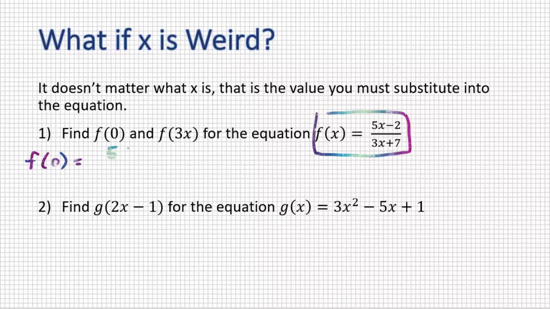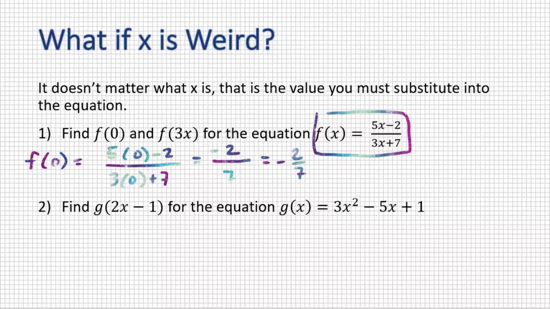So we find we have 5 times 0 minus 2 divided by 3 times 0 plus 7. 5 times 0 is 0, 0 minus 2 is negative 2, and in the denominator 3 times 0 is 0 plus 7 is equal to positive 7. We might want to write this as negative 2 over 7, rather than keeping the negative in the numerator.